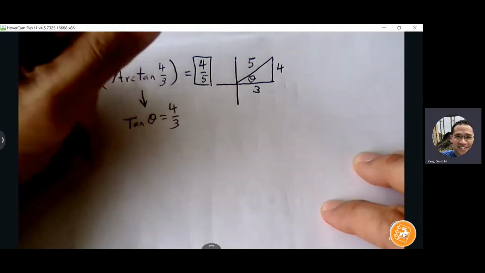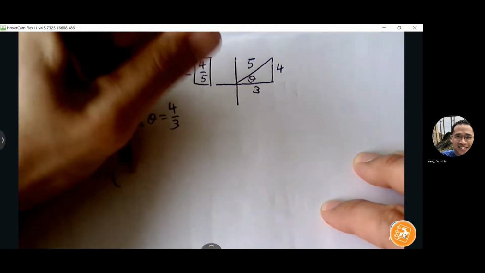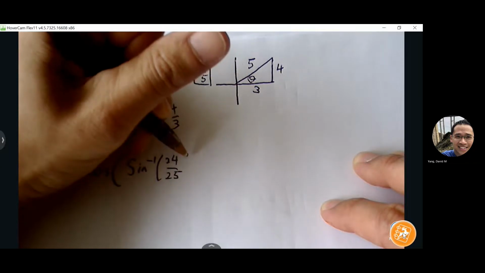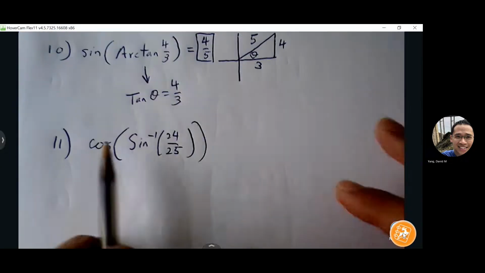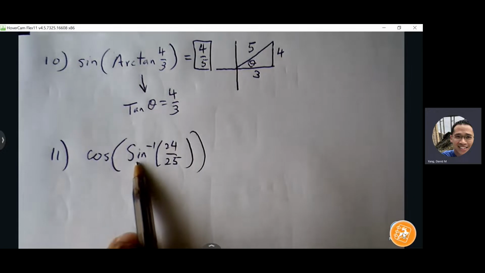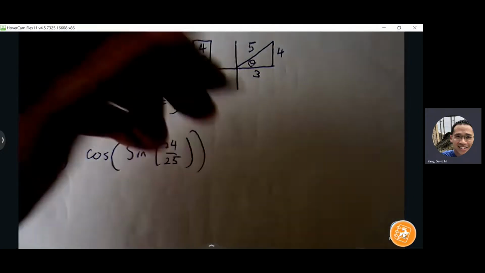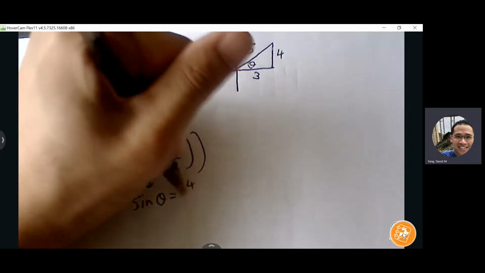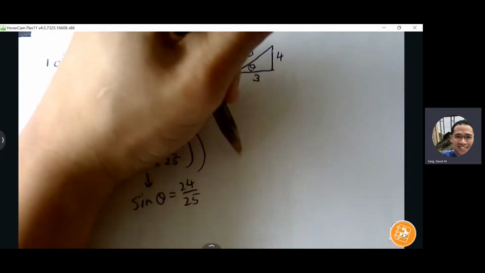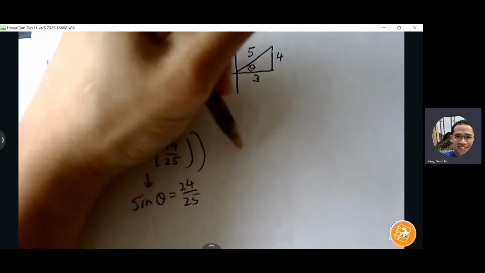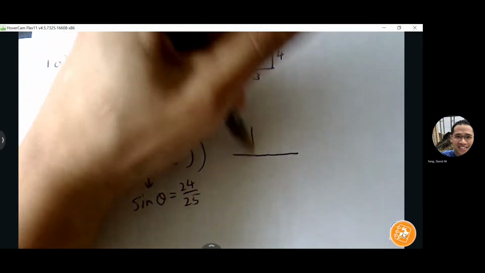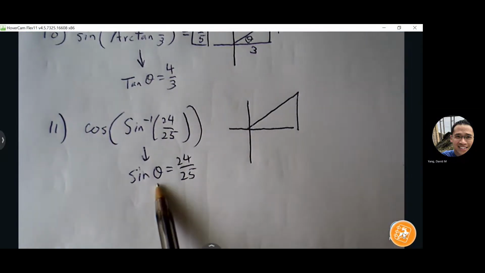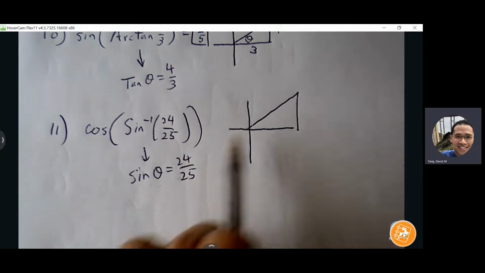Okay, number 11. Inverse sine, arc sine, they mean the same thing. So in other words, sine of theta is equal to 24/25. It's not a special right triangle, it's not a unit circle value, but we can still create information from this. Positive, so first quadrant.